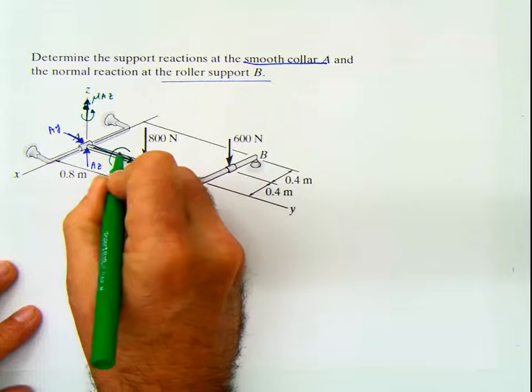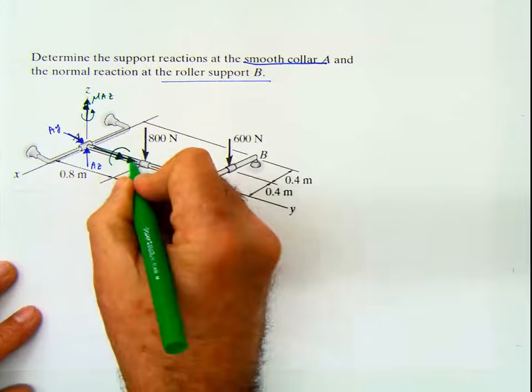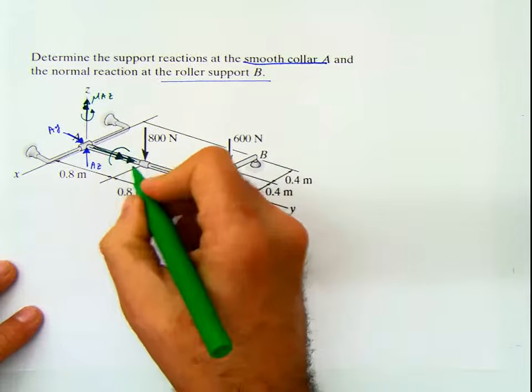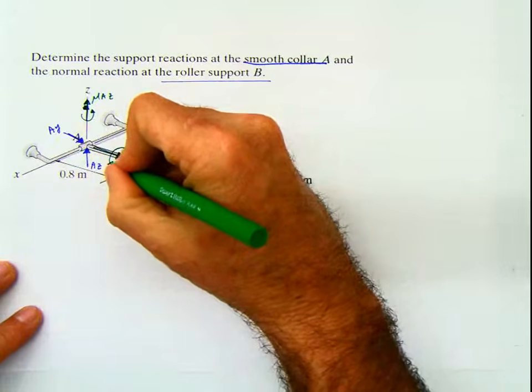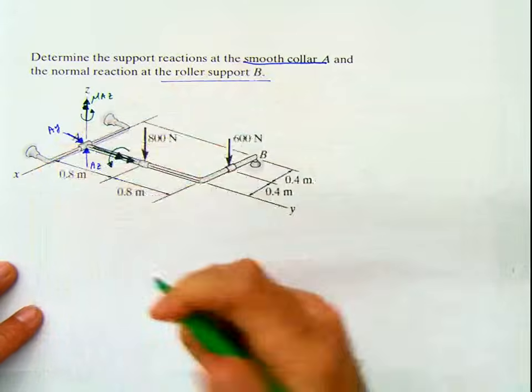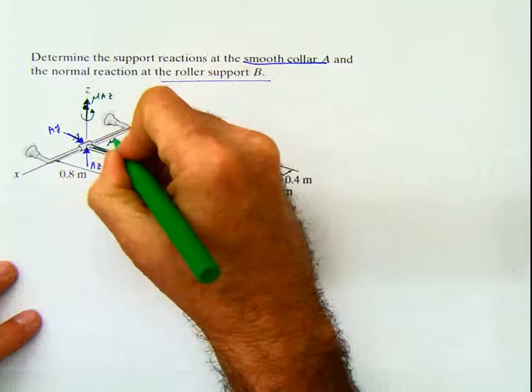I don't know if it goes outside, but I'm going to put it outside, and you remember the sign is going to tell me in what direction it goes. So this is going to go in this direction, like that. It's coming out, and this is called MAY.